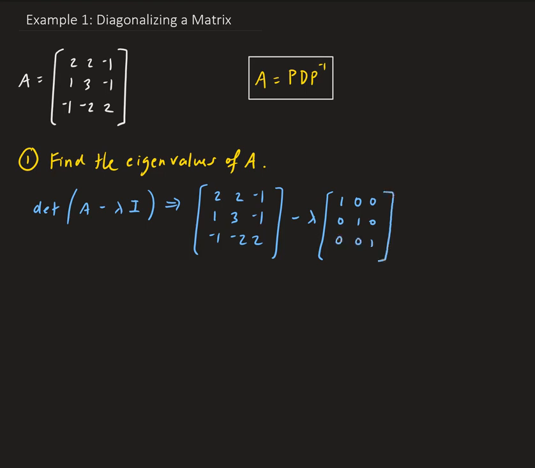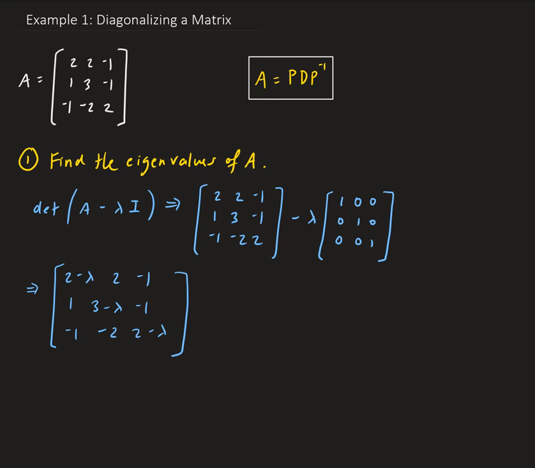This is going to give us 2 minus lambda, 2, negative 1, 1, 3 minus lambda, negative 1, negative 1, negative 2, and 2 minus lambda.